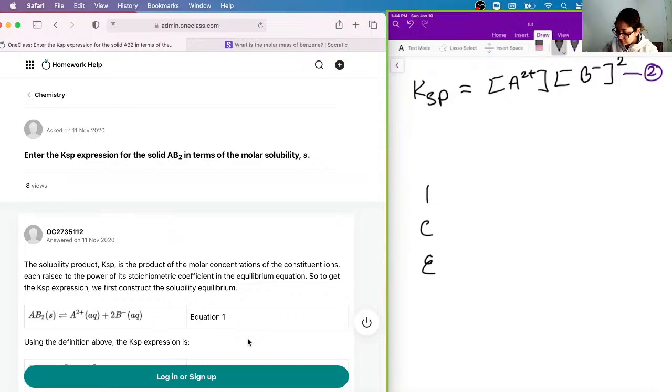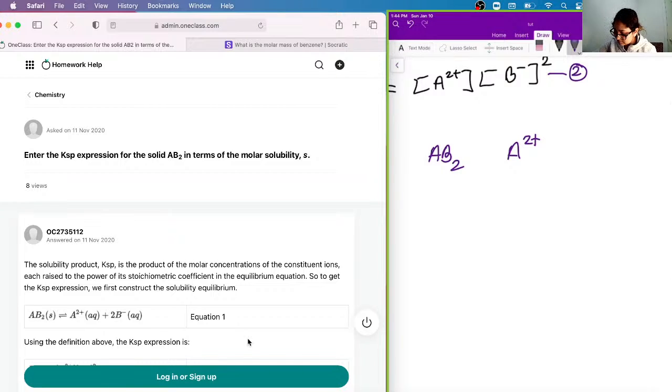So in this case, we have our reactant and our product. And we know the initial concentration of our products is 0.